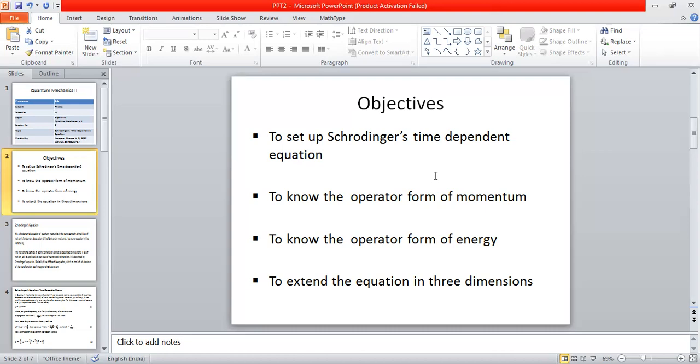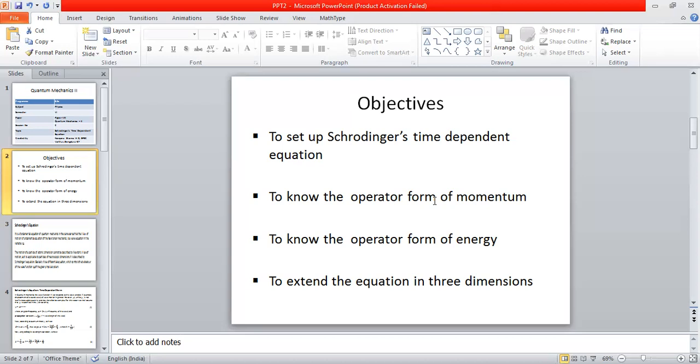Now, the second important objective is to know the operator form of momentum. The third one is to know the operator form of energy. So while setting up the Schrodinger's time-dependent equation, we are going to write down operator forms for two important physical quantities, momentum and energy. There is a fundamental postulate of quantum mechanics, which we will be discussing a little later, which says that each and every physical observable in quantum mechanics can be replaced by an operator.